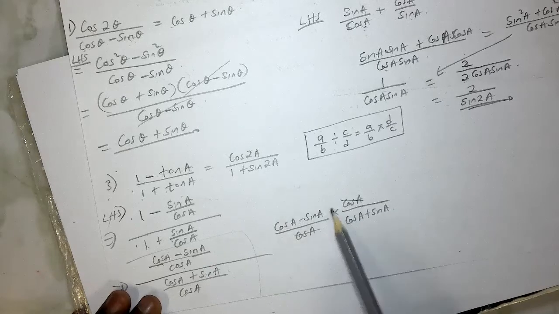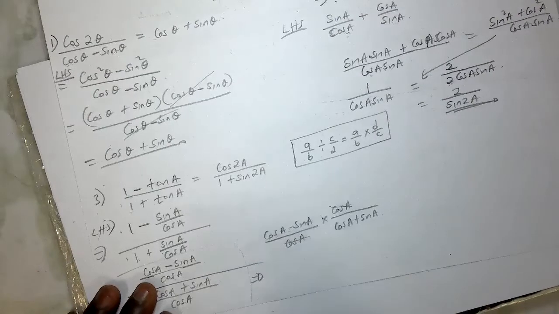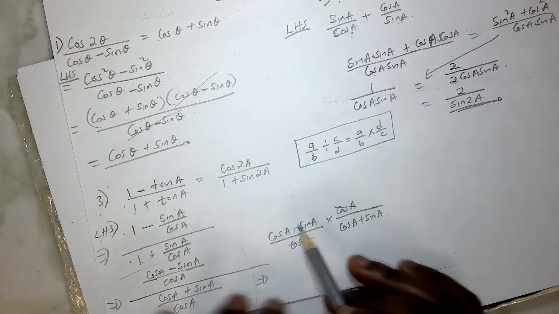So what must we do here? What is lacking here is that we need to multiply these two. And how do we multiply these two?